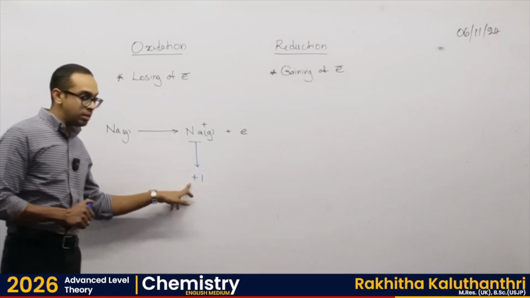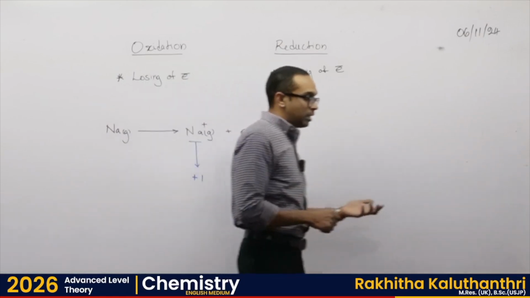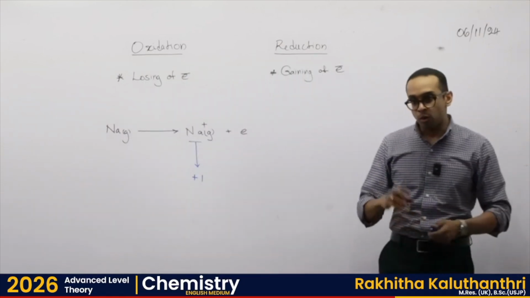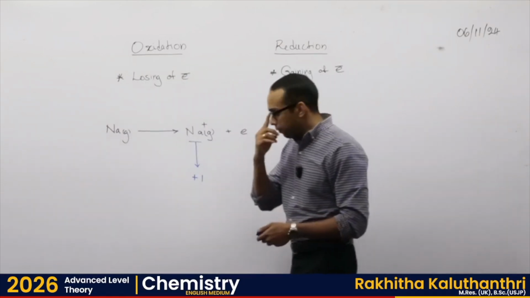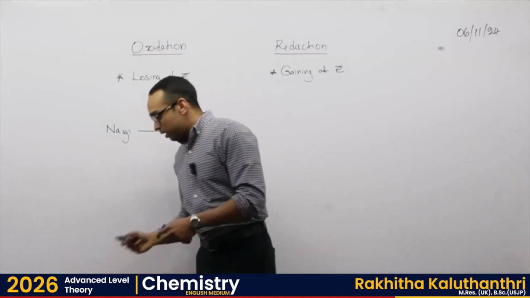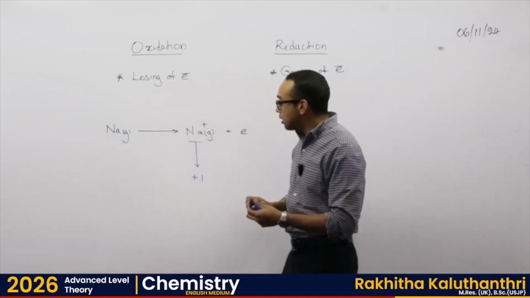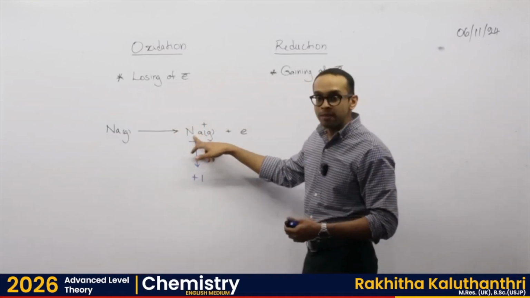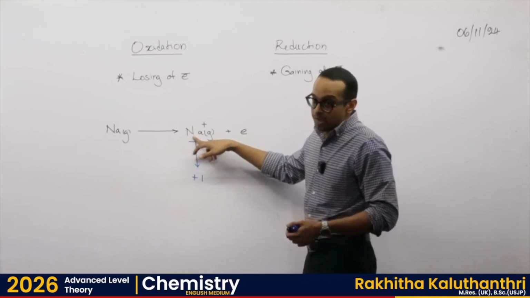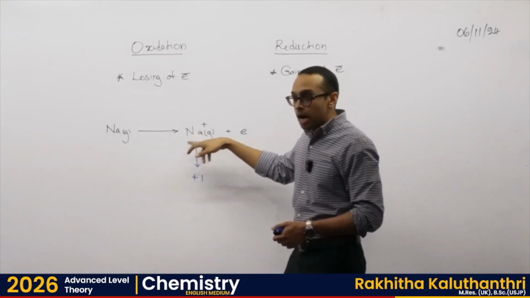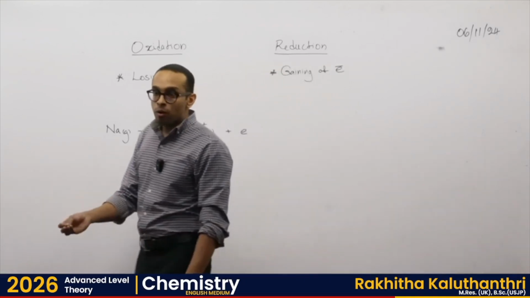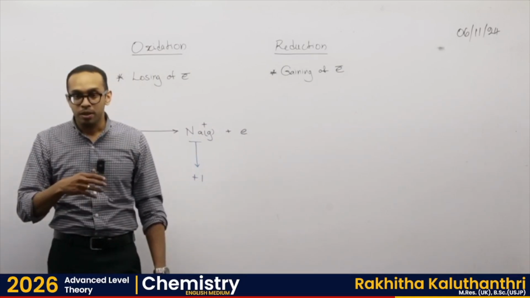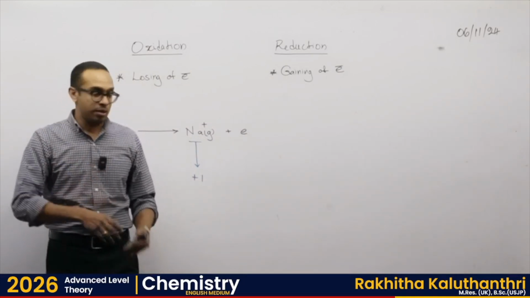So basically students, oxidation and reduction is understood. Oxidation number refers to the charge an ion would have, or charge a specific atom would have after removing electrons or gaining electrons, right? Very simple.